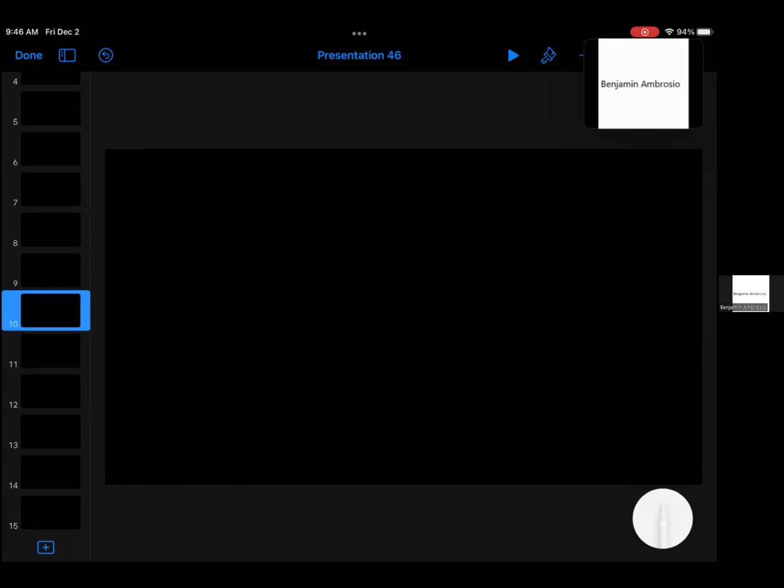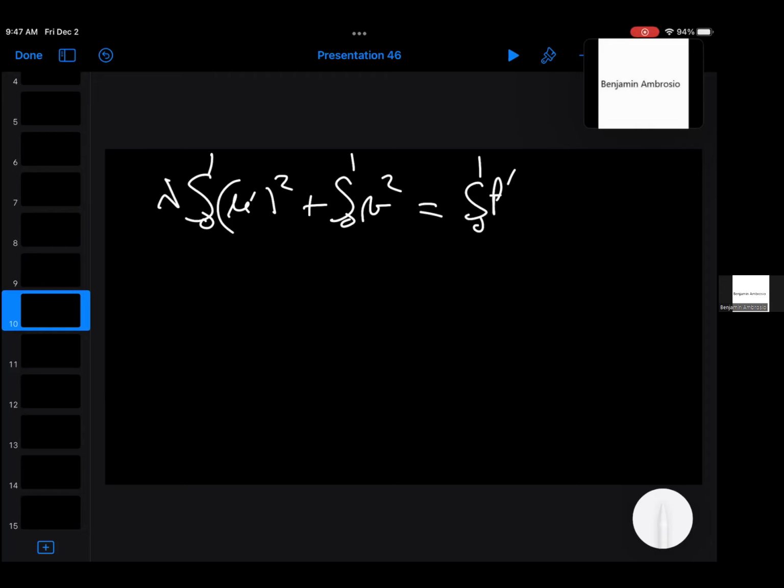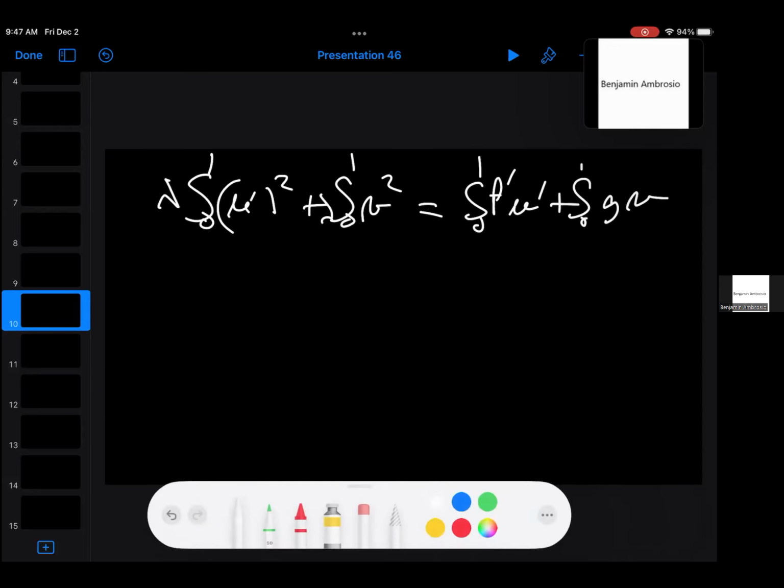So we obtain that lambda times the integral of u prime square plus the integral of v square equals this. I forgot the lambda also. Okay, here, what's that? This is lambda.